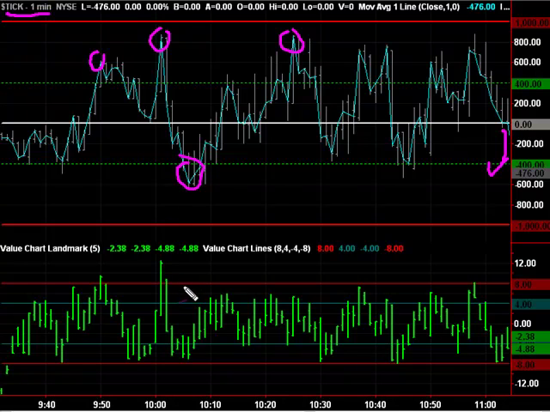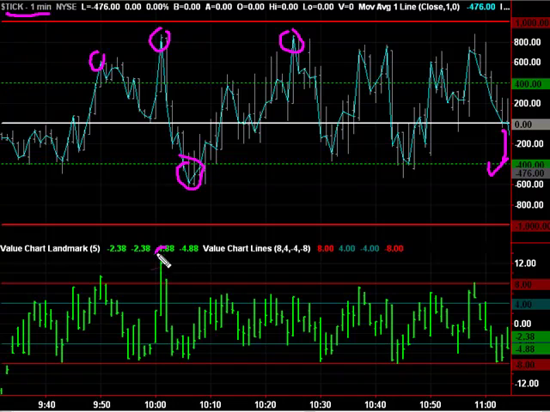Now also on this chart I've got what is called Value Charts Landmark, which is an indicator which gives you overbought, oversold based off distribution. So distribution of price. In this case we're looking at distribution of ticks. Same principle, and it helps us to identify points where, based off a look back period, it's overbought or oversold, extreme levels.